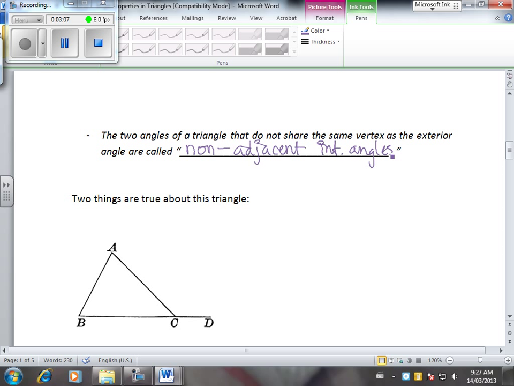So if we draw our triangle again, we have A, B, and C. Okay, and because there was an exterior angle, there's C. So A and B are your non-adjacent interior angles because they are not beside the exterior angle. C is.